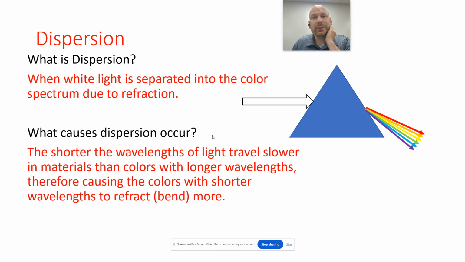The cause for that is shorter wavelengths of light actually travel slower through the material than colors with longer wavelengths. So the shorter wavelengths actually have a slightly higher index of refraction than the longer wavelengths, therefore causing shorter wavelengths to refract or bend more.